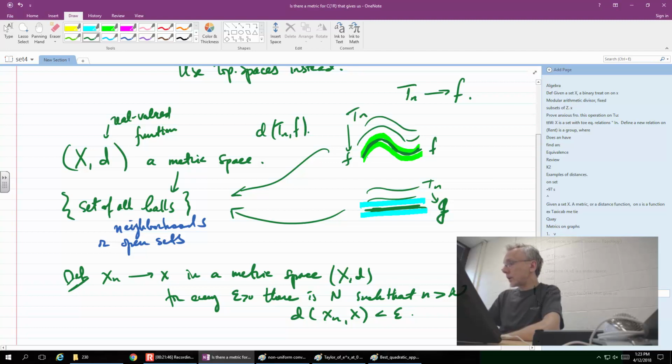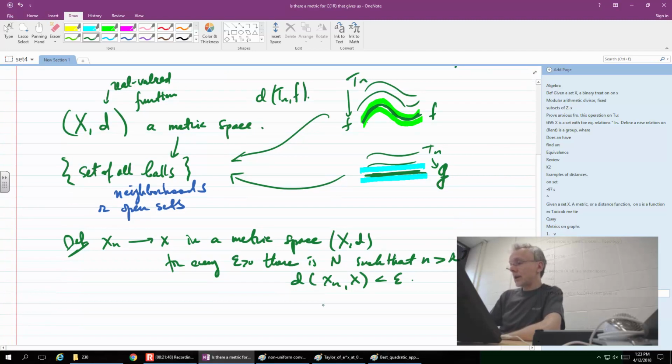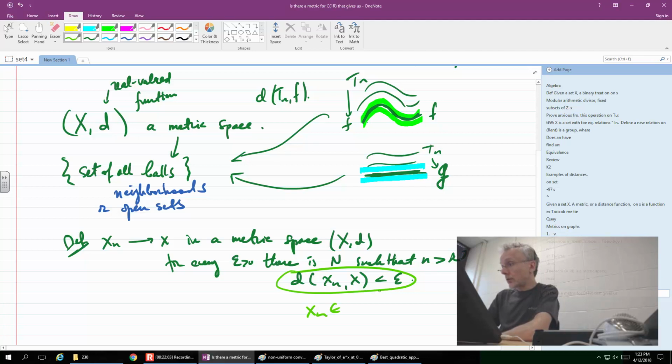But now what we're talking about is replacing the distance over here with just saying that x_n belongs to, what does it belong to? Well, it means that the distance between x_n and x is less than epsilon.